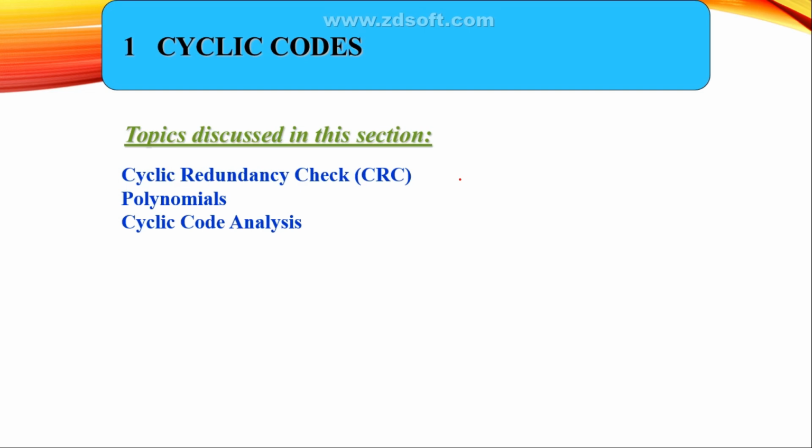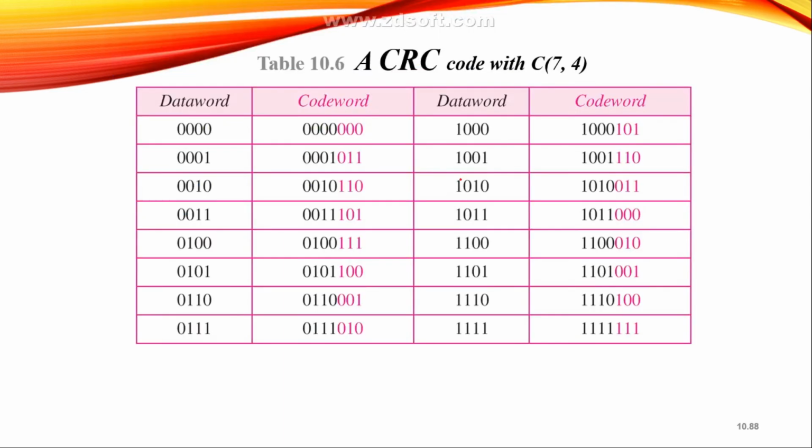Now we are going to discuss cyclic redundancy check, polynomials and cyclic code analysis. This table shows you a CRC code. You can observe from the table that the data word is of 4 bits and the code word is of 7 bits.